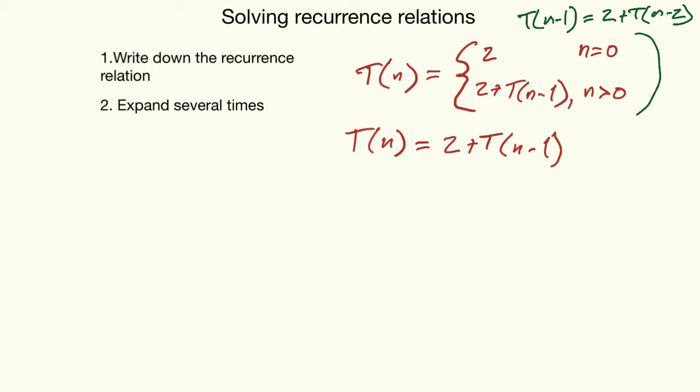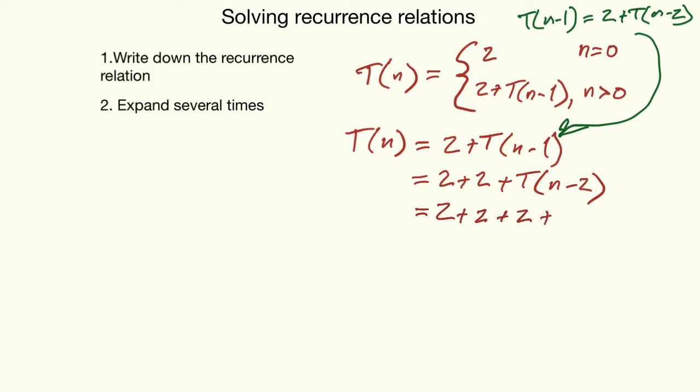So we substitute that in and get 2 plus 2 plus T of n minus 2. And then we can do that again. If we substitute in for T of n minus 2, we get 2 plus 2 plus 2 plus T of n minus 3, and so on.